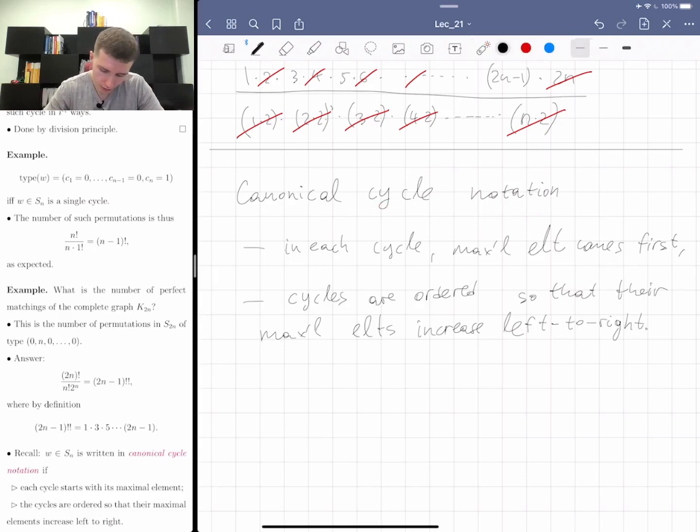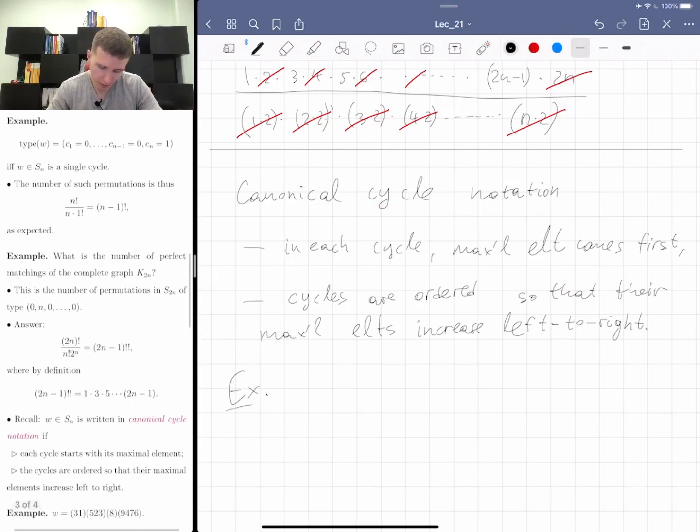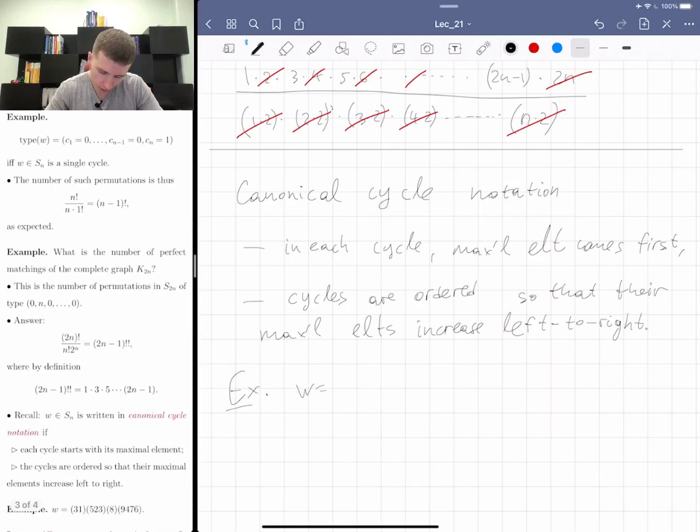Let me give you an example. I have W equals (3 1)(5 2 3)... (8)(9 4 7 6). That is in canonical form. Why? Because the maximal elements are 3, 5, 8, and 9.